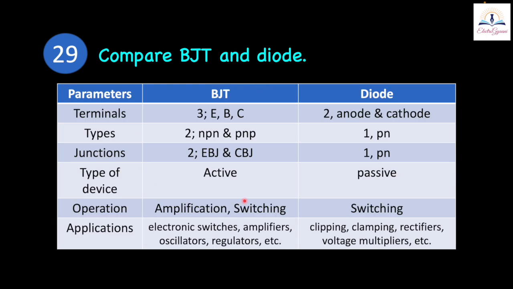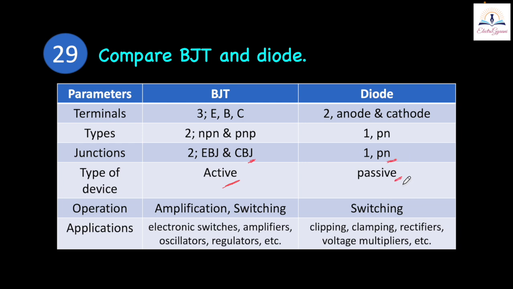Compare BJT and diode. Now this table is showing the comparison of BJT and diode. Here BJT has 3 terminals, emitter, base, collector, while diode has 2 terminals. BJTs are of 2 types, NPN and PNP. There are 2 junctions in BJT, emitter base junction and collector base junction, while diode has only 1 PN junction. BJT is an active device. It can amplify signal, while diode cannot amplify signal.